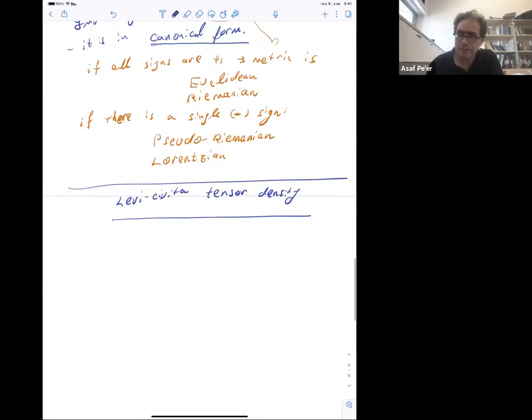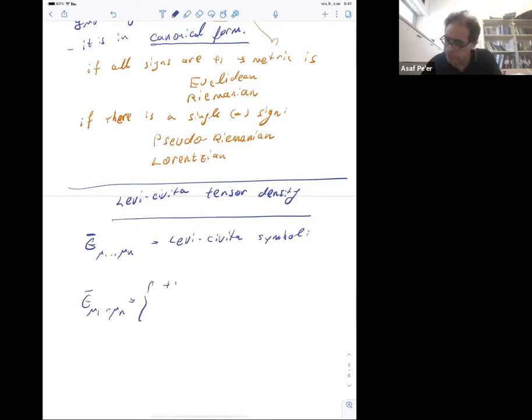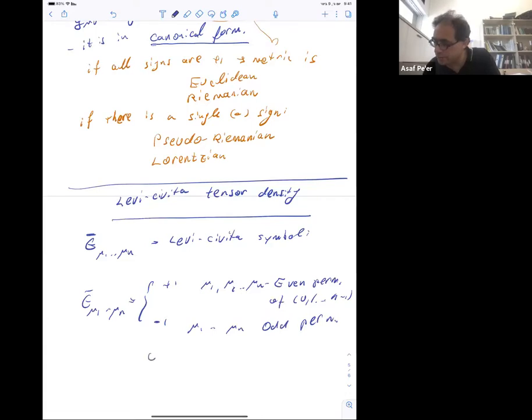We call it now a symbol, epsilon bar mu_1 ... mu_n, because it's becoming a Levi-Civita symbol, which is defined as +1 if mu_1 ... mu_n are even permutations of 0, 1, 2, ..., -1 if they are odd permutations, and 0 otherwise.